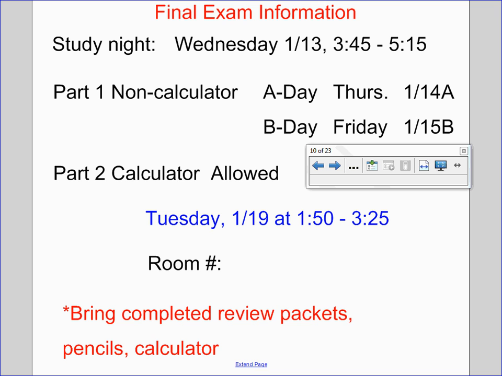There's 4 different sections that I have, so each one is going to be assigned a different room, but they're all near here. So let's go ahead and see where ours is. So advanced algebra, we'll be taking that on the first exam day, that's Tuesday, January 19th in the 4th block time slot, that's 1:50 to 3:25.